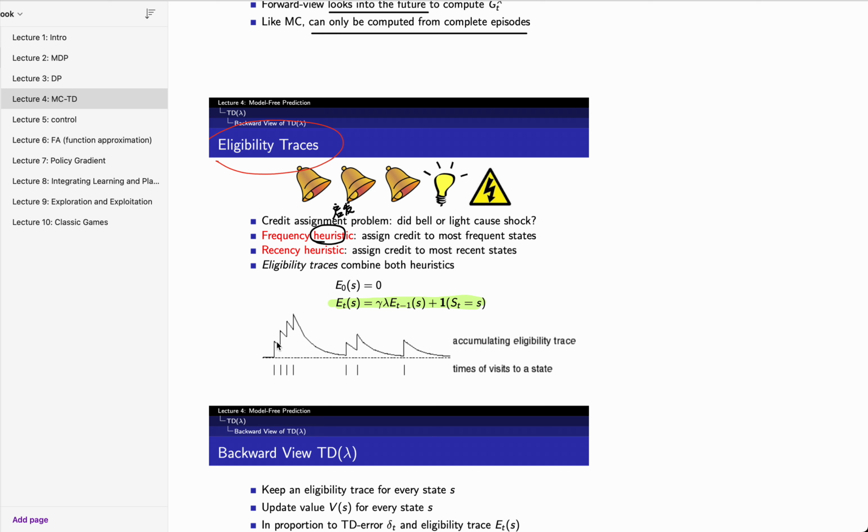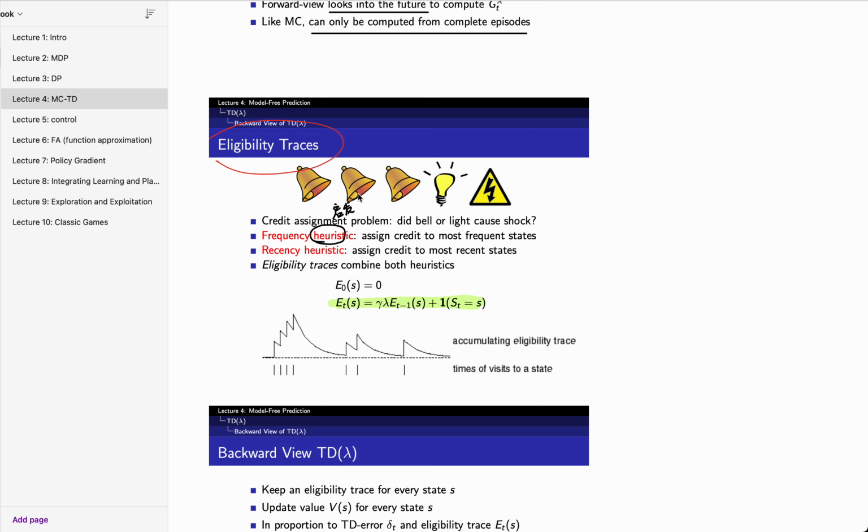So this is what this chart is showing here. Every time I visit, I add one more. But if I do not visit, I gradually decay it. So that's what this function is doing here. Every time I visit state S, I add one more. But if I'm not visiting state S, I'm discounting it by a discount factor times lambda times the eligibility trace of the previous time step t minus 1.